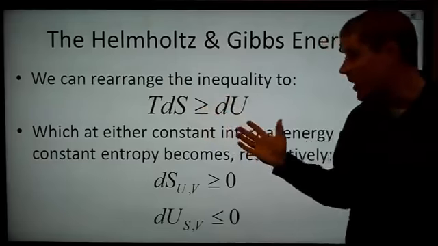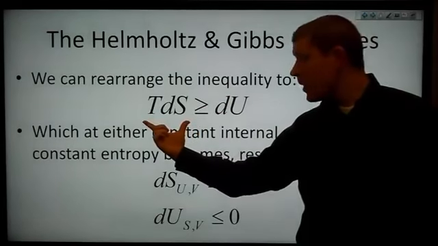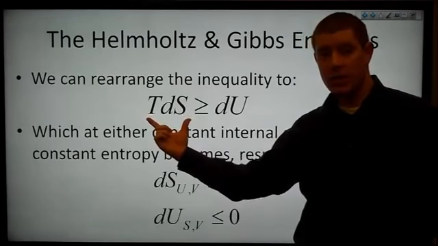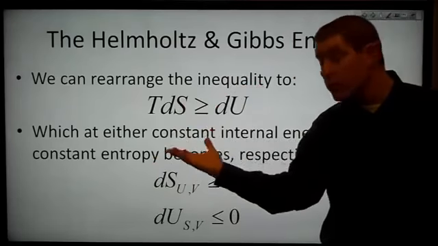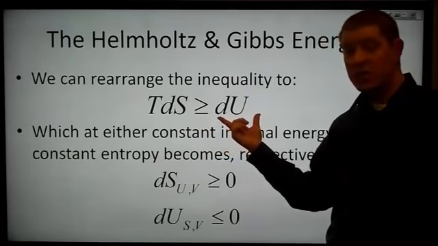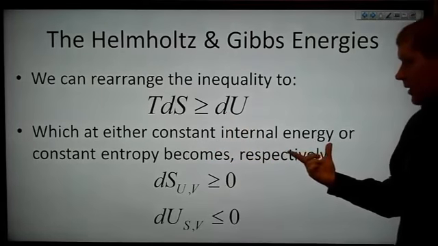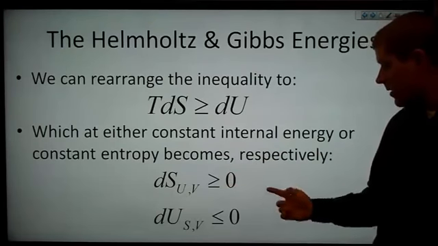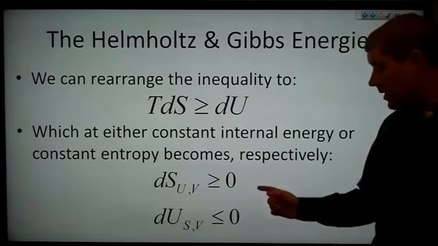So now we can rearrange that inequality to get this quantity, temperature times our change in entropy, must be larger than or equal to our change in internal energy. So at either constant internal energy or at constant entropy, we get these two inequalities.